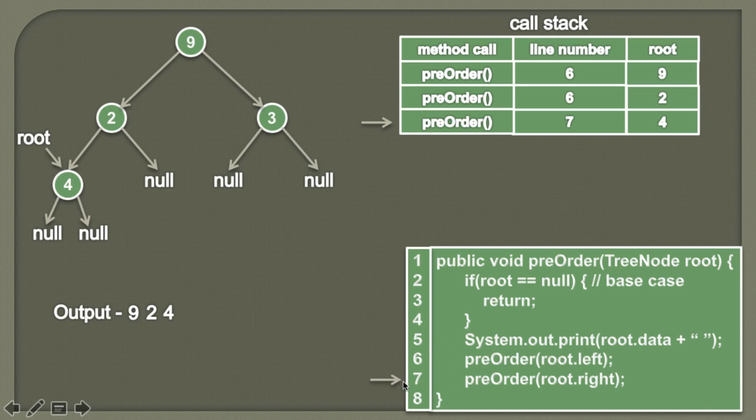And then we'll start again executing from the line 7. So once we reach the line 8, we know that we are done with the processing of this pre-order method, whose root is 4. So therefore this method will be removed from the stack, and the execution point will go to the method which called this method.